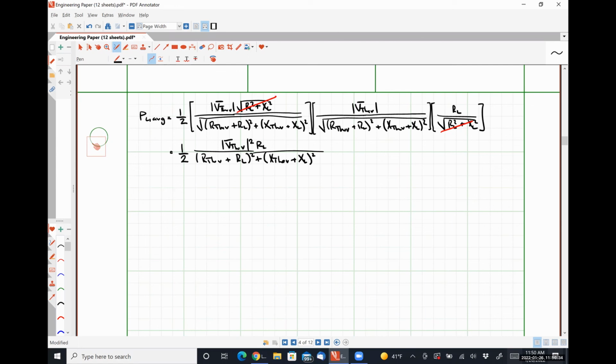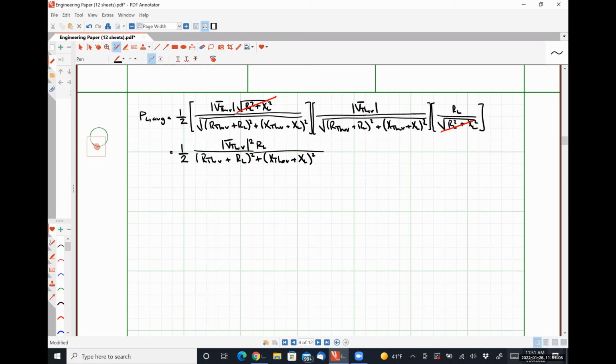All right. So let me ask you guys a question. If we have literally any reactance in the system, does the average power go up or down? Down, right? Since the reactive term is in the denominator, if X Thevenin or XL is non-zero, inherently that's going to make our average power decrease.